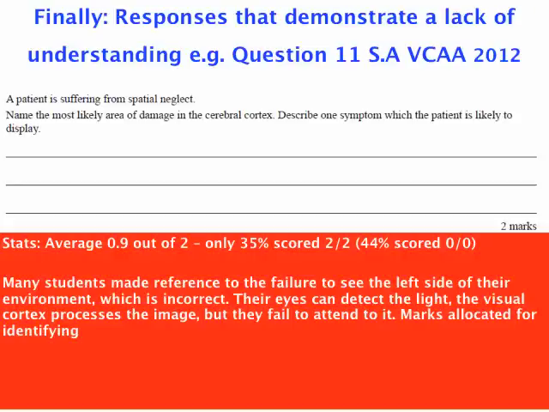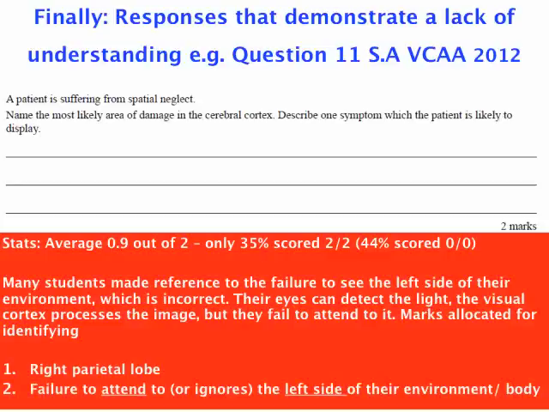Well, that's wrong, because their actual eyes detect the light, the retinas will process the images, and that electrochemical message will be sent down to the visual cortex. But it's the internal radar system that's at fault, because it'll fail to attend or it'll ignore the left side of their environment. So when we talk about spatial neglect, we don't say failure to see, we say the failure to attend.